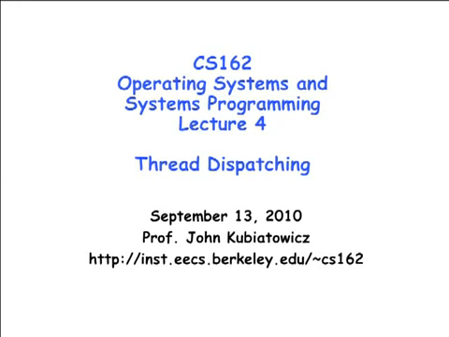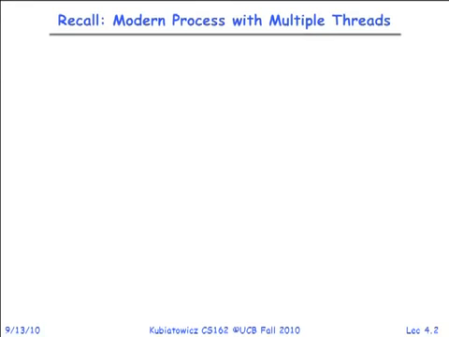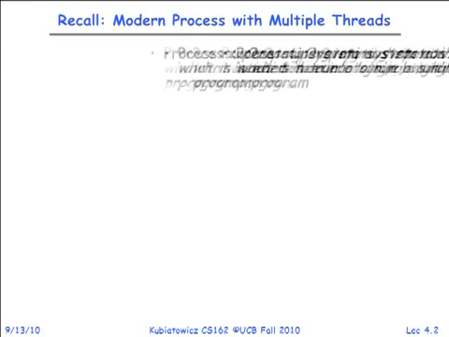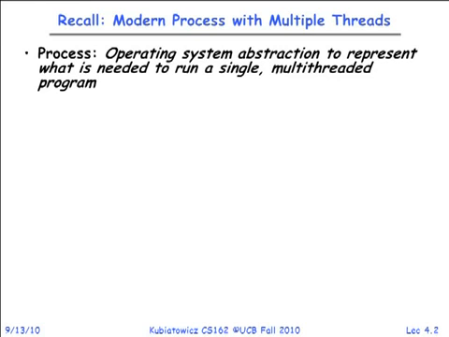So, welcome back. Today we're going to continue what we were talking about last time, but let me remind you a little bit about it. We introduced the process notion last time, and a process is an operating system abstraction that we're going to be using from this point on to represent what's needed to run a single multi-threaded program.